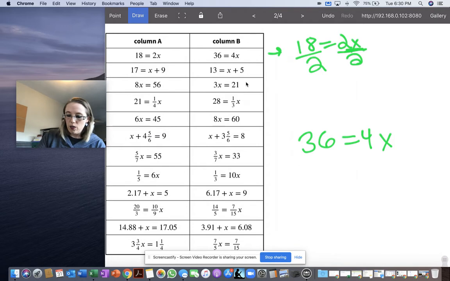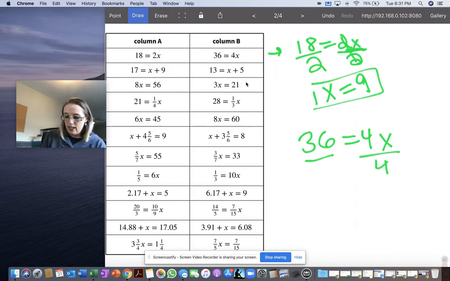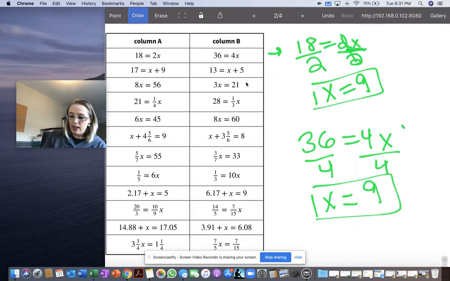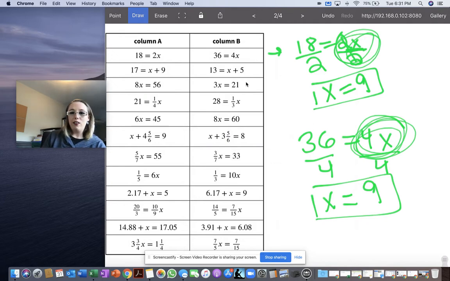So those cancel out. You're going to get x equals 9. Same thing with this one. Divide by 4, divide by 4. x equals 9. They're held by multiplication, so you need to use division.